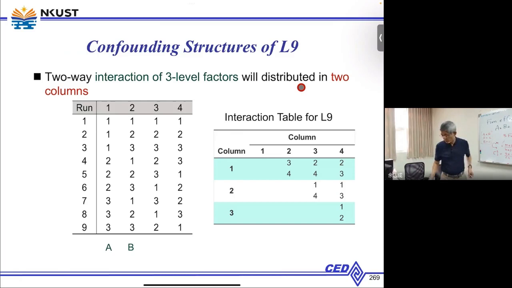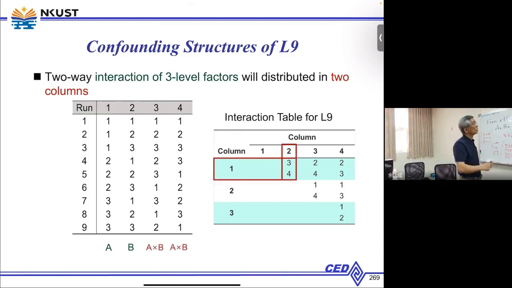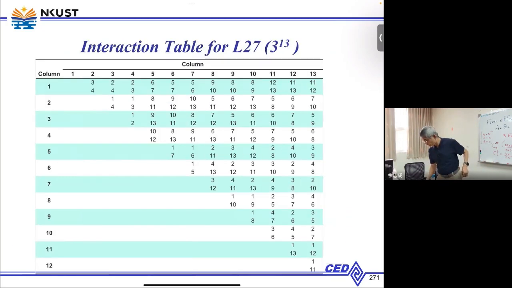Okay. And this is for L9. Okay, let's look at the L9 maybe next week. Okay, but let's try. This is the interaction table for L27. I will explain the three-level interaction table maybe next week.